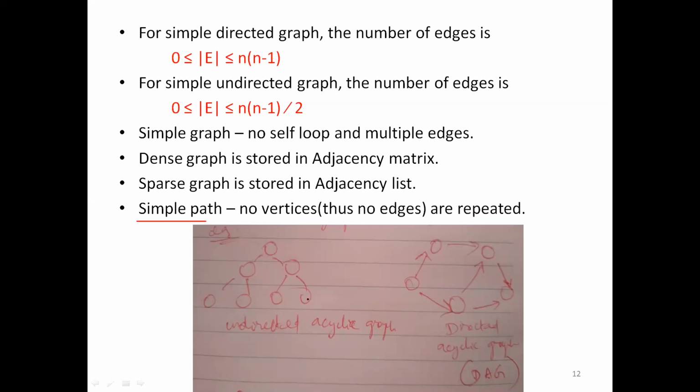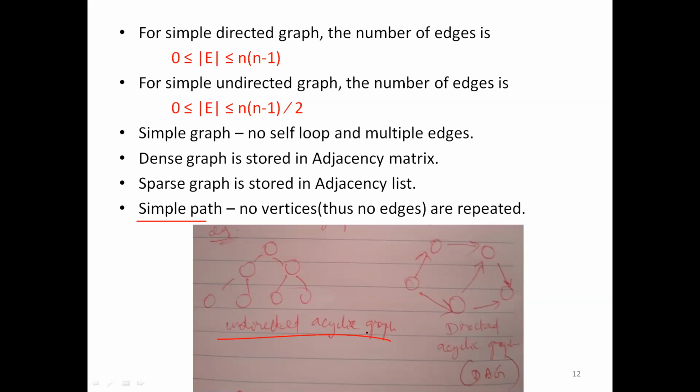Look at this diagram. On the left hand side you have a graph here. We call it a tree, but you know that a tree is a specialized form of graph. It is also a type of graph. You can see that it is an undirected acyclic graph.